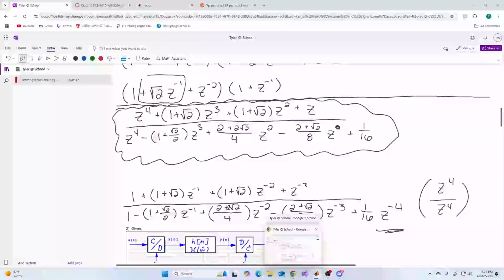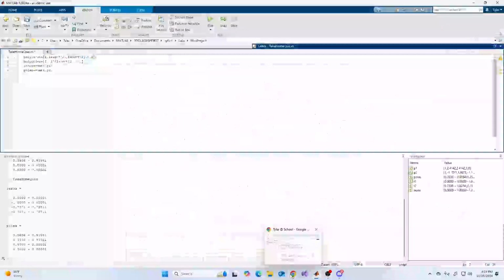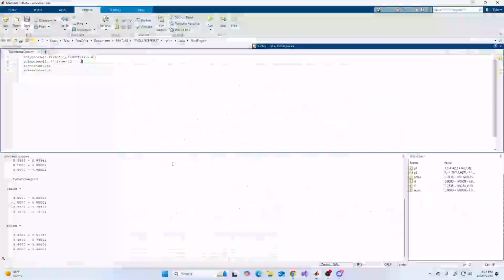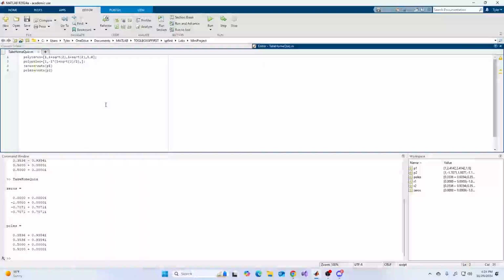I can pull that 2 out, and I'm going to have 1 plus square root 2 divided by 2. Do you see how I did that? So I'm just going to go ahead and do that. So 1 plus square root 2, and now this whole thing is divided by 2.